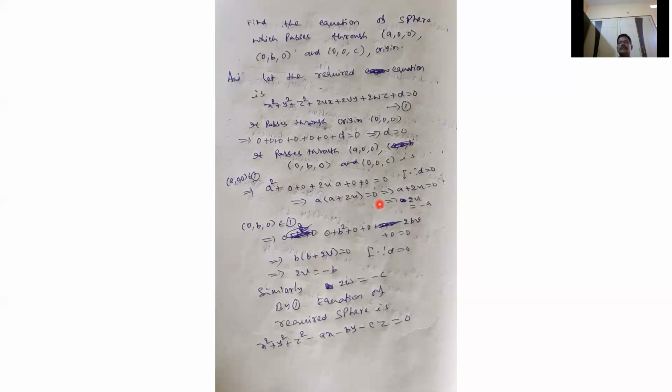And it also passes through (0,b,0). That means it satisfies the point (0,b,0). Substituting x = 0, y = b, z = 0, already d equals 0 because it passes through origin.